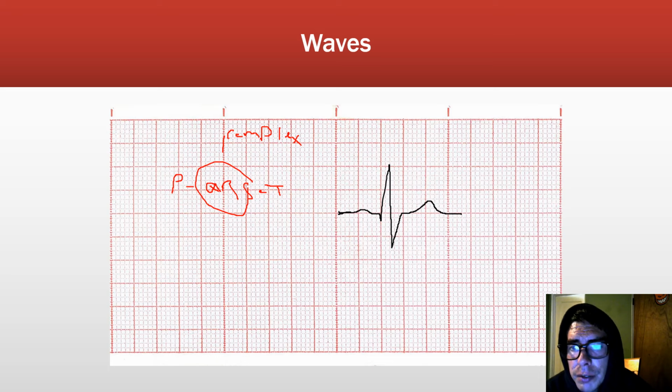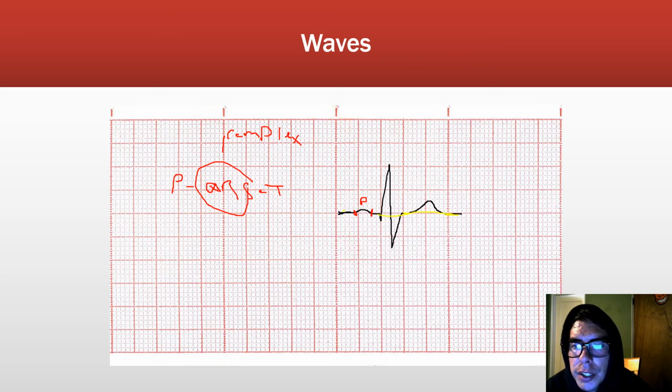So the P wave is this first one between here and here. I'll do it in a different color, but right here, right there, and there, and this kind of straight line across like that.